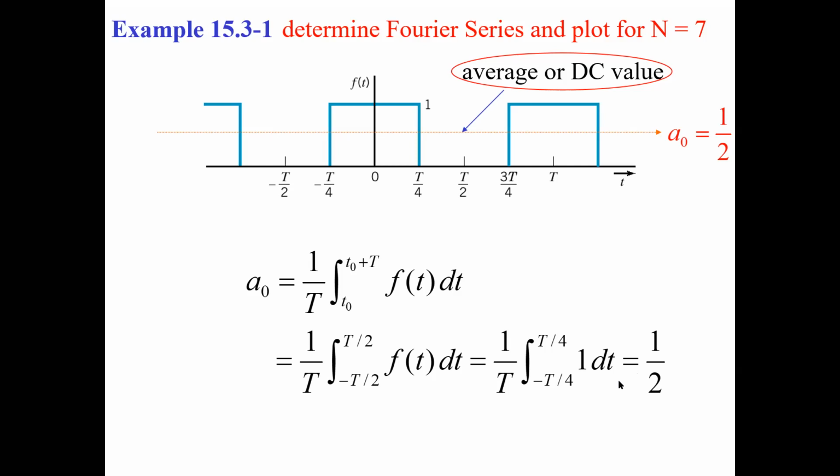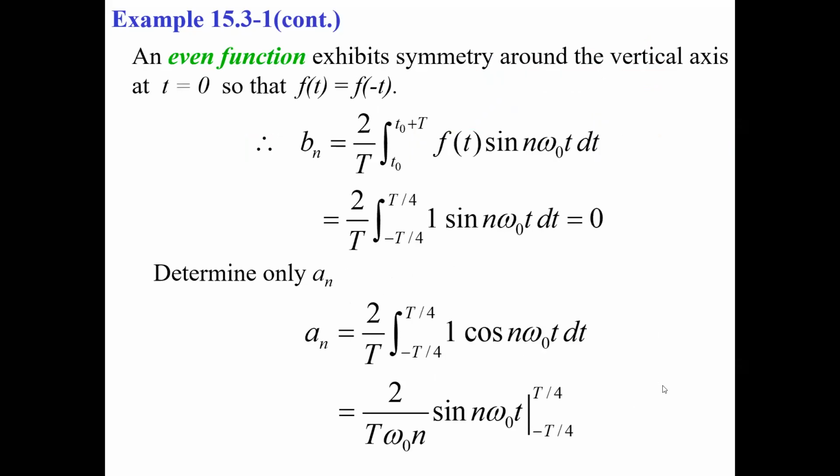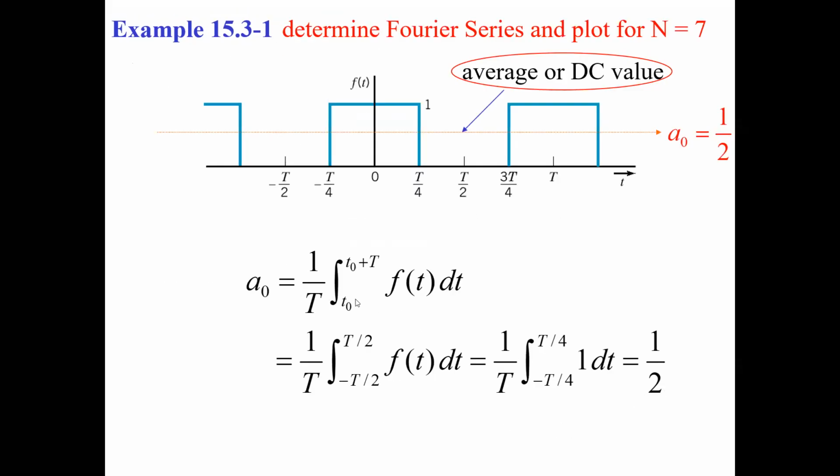So that means half. The result would be half, so a naught is equal to half. You understand? That is how you find a naught. We know that a naught is equal to 1 over T, the integral from t naught to t naught plus T, so here the range is minus T by 2 to T by 2.